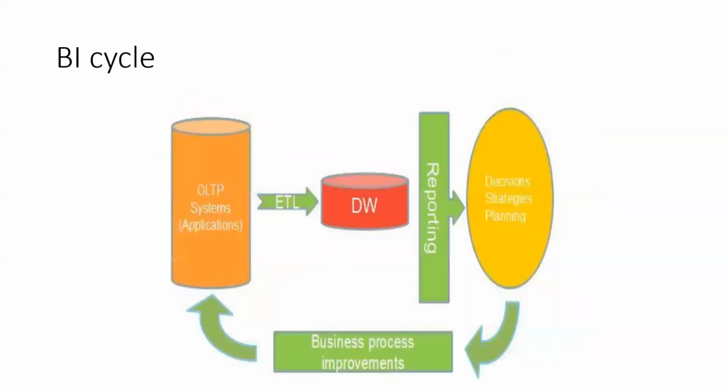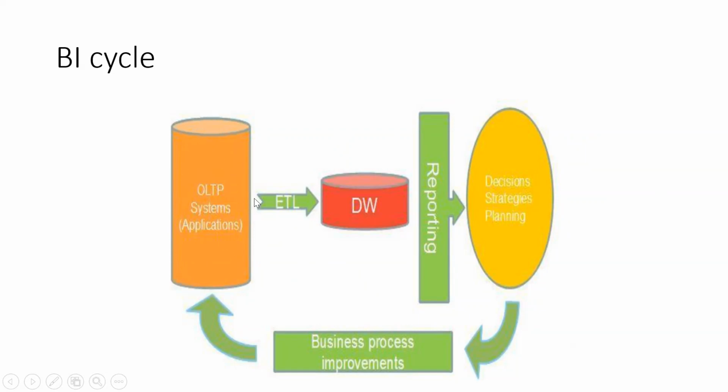The next slide will help with that understanding. It's called the BI cycle, the business intelligence cycle. This is the entire scope of a data engineer. Data engineers collect data from OLTP source systems, where we receive the raw data.